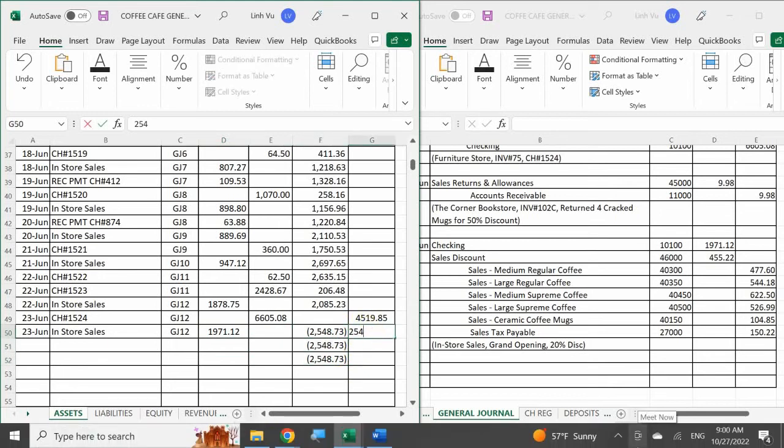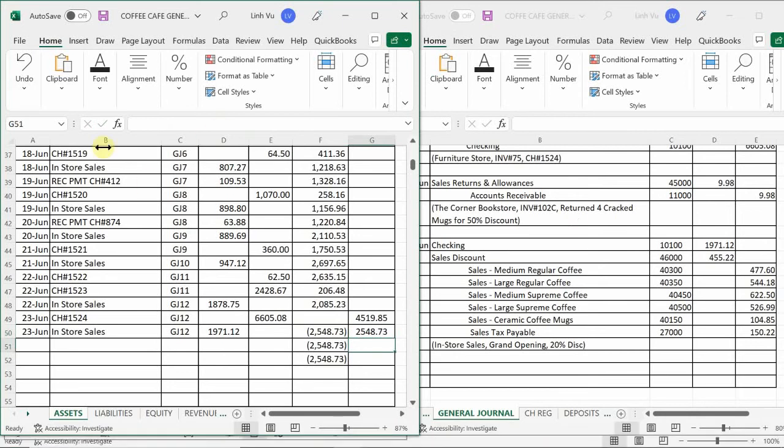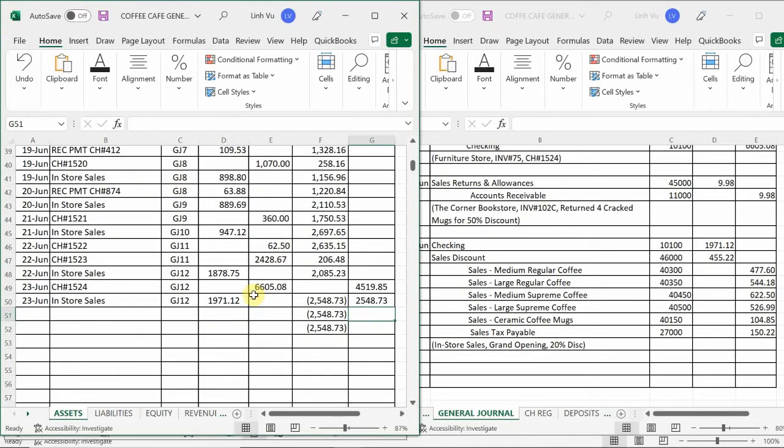254873. So this is what I like to do just to make it look a little more consistent here. You can keep the negative debits. That just means you're on the credit side. But just to make it look nice and neat, I go ahead and put it on the credit side. However, I don't want to get rid of my formula. So I click on this cell.